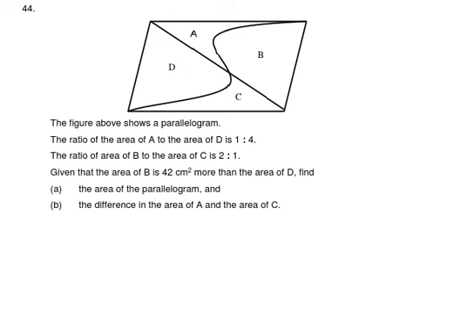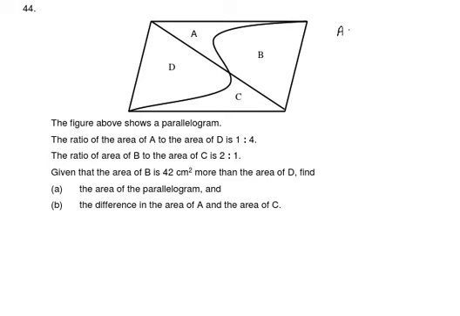Okay, let's look at the question. That's the first thing you need to understand before you can solve the question. Now, the ratio of A to D is 1:4. I have A to D is actually 1:4. And I have B to C is 2:1.